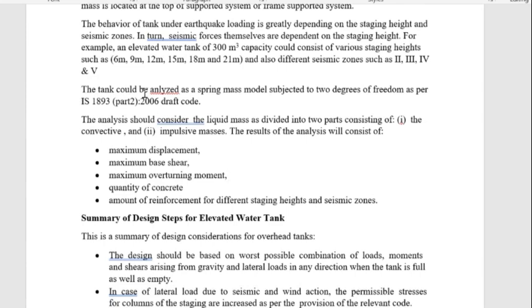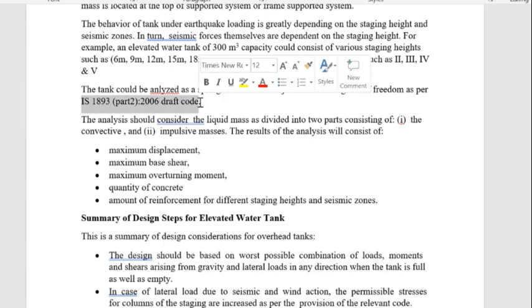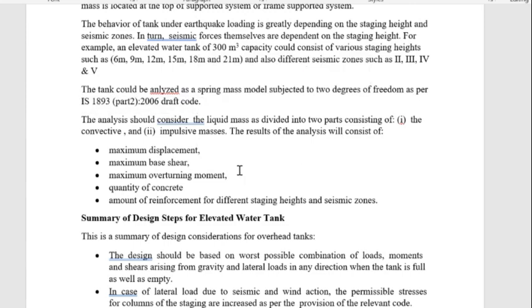So the model is that the tank can be analyzed as a spring mass model subjected to 2 degrees of freedom as per the draft code, the relevant code. And the analysis should consider the liquid mass as divided into 2 parts, consisting of the convective and the impulsive masses. Thus, the liquid contained can behave either as convective or impulsive mass.